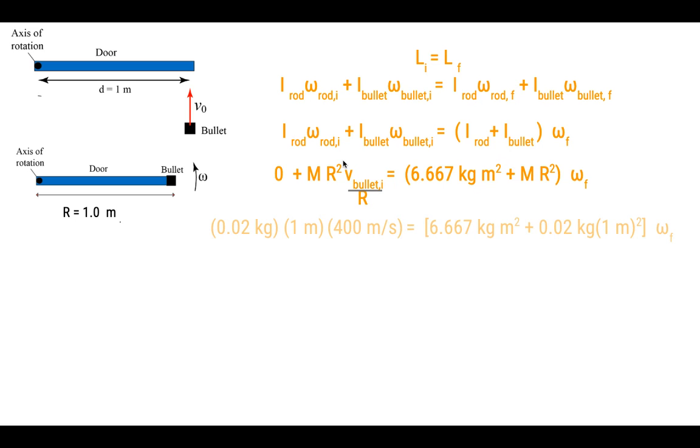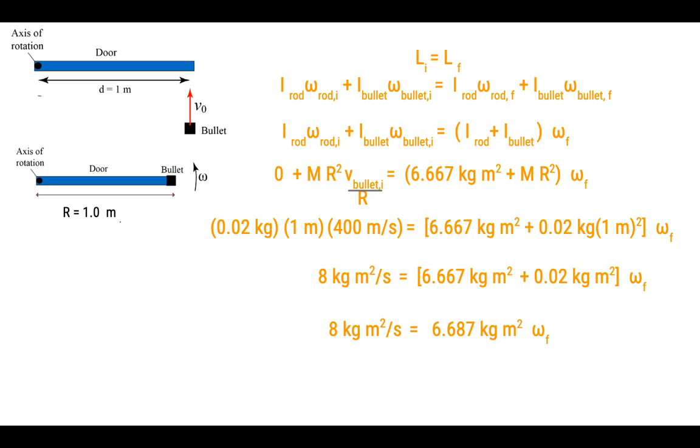We'll plug in the mass of the bullet, the radius of the bullet from the axis of rotation, and then the tangential velocity of the bullet. So you have 0.02 kilograms times 1 meter times 400 meters per second, which is equal to the combined moment of inertia of the system times omega final. Simplifying, we get 8 kilogram meters squared per second equals 6.687 kilogram meters squared times omega.